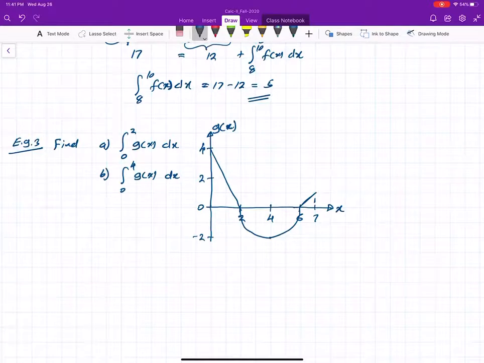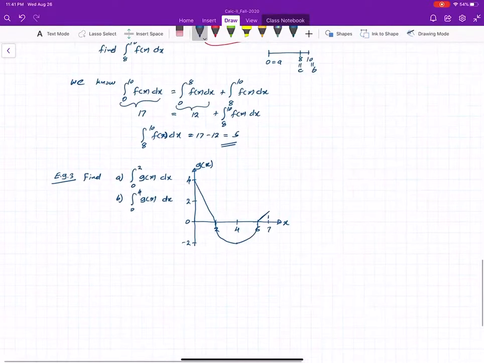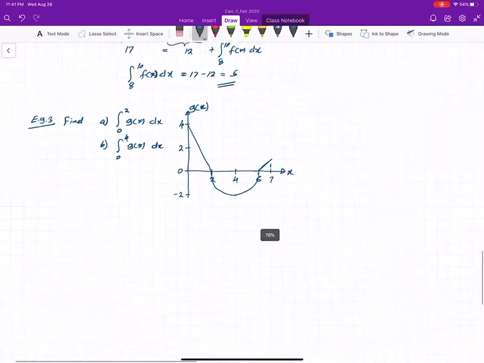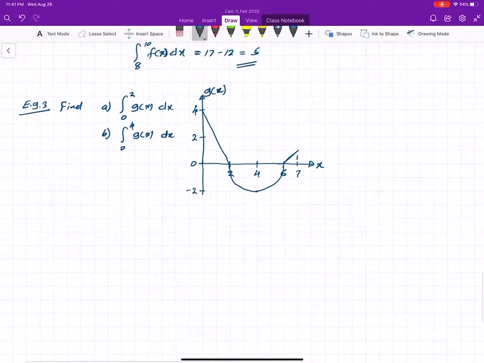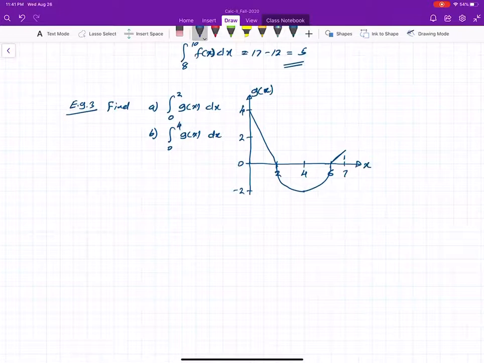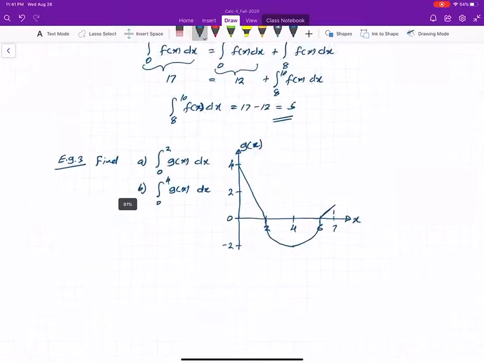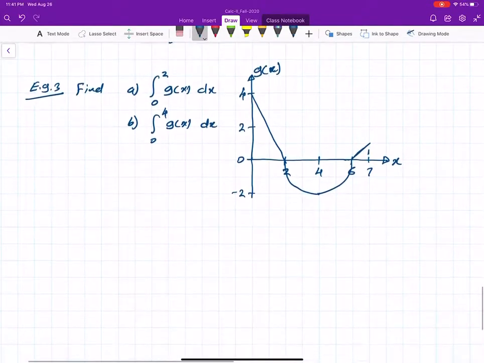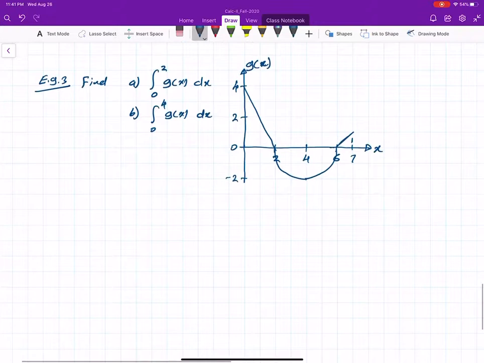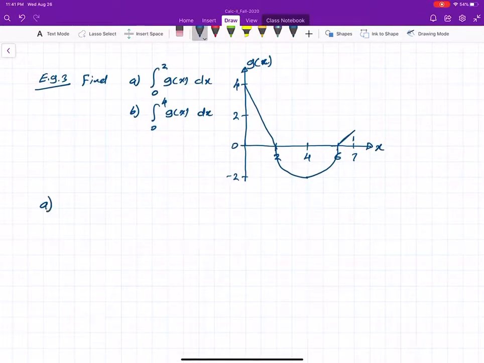It is drawn to scale. Now we have to find these two quantities. Part A, you have to integrate g of x from 0 to 2. Here 0, here 2. The integration of the function is actually that area.